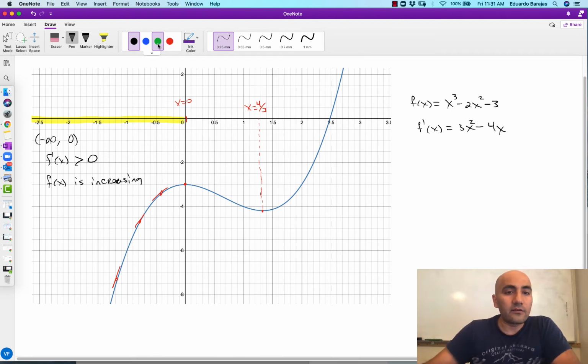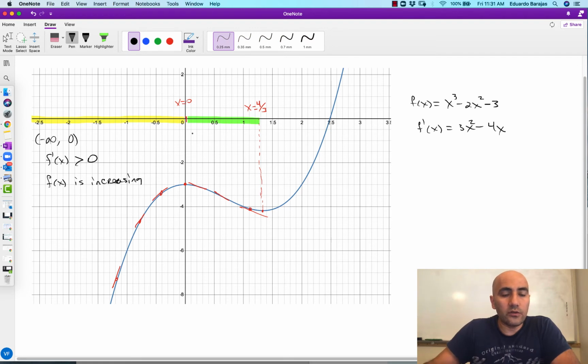Okay. On the interval between 0 and 4/3, if we think about the derivatives that exist in this little interval, they're always going to have negative slopes. So we have a tangent line there, a tangent line there, a tangent line there. All these tangents at all these places are going to be negative.